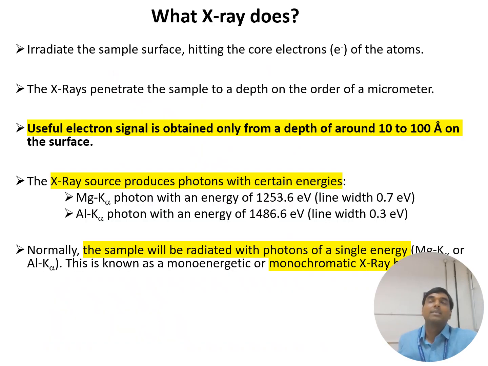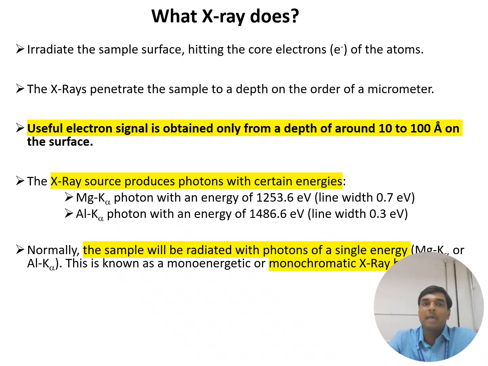That's why it is very important to know the surface composition and the oxidation state. So an X-ray beam will fall on the sample surface. It will hit the core electrons on the surface, and the ejected electrons will be collected by the detector.